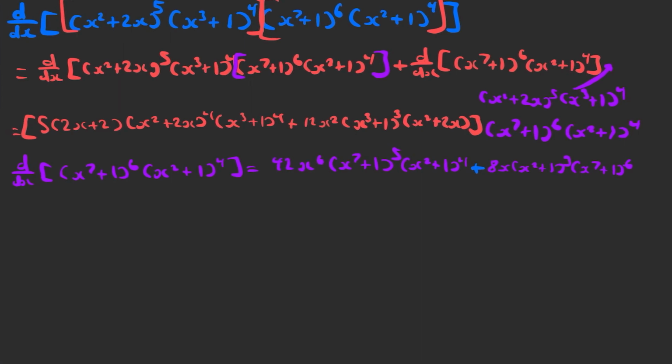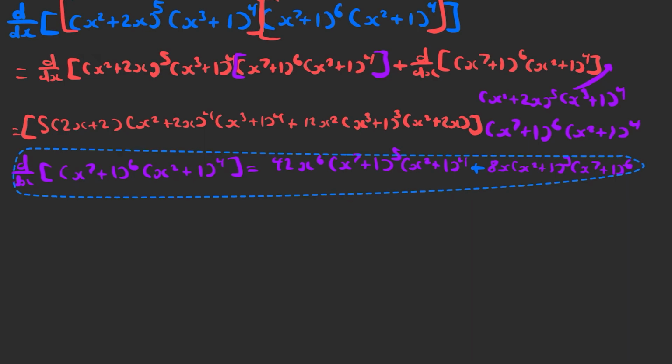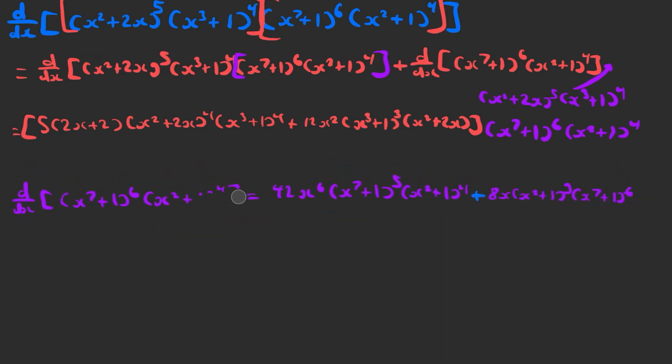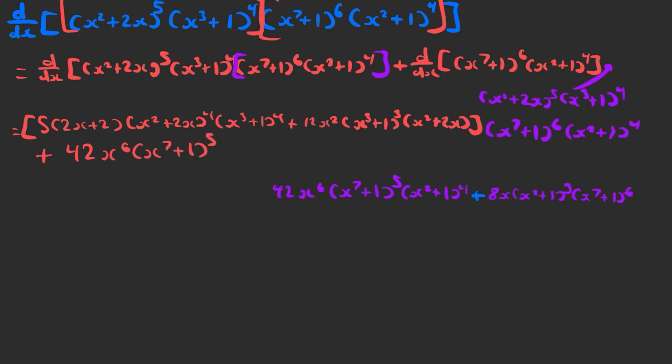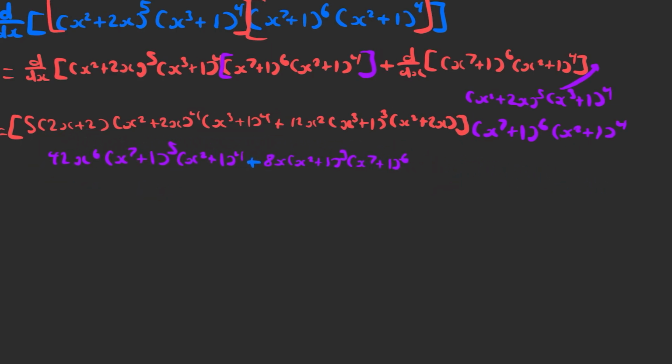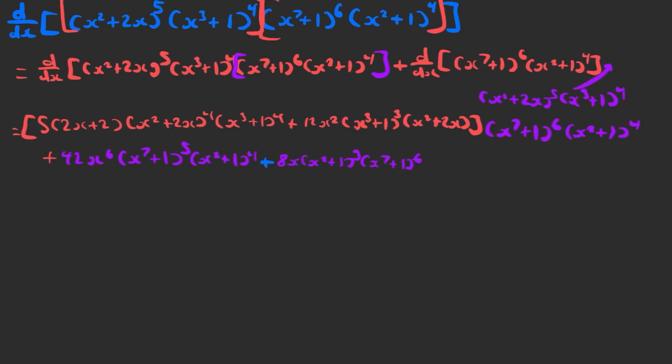Okay, so now we write all this down. So this equals this, plus 42x to the power of 6 times (x to the power of 7 plus 1) to the power of 5. Actually, I can just copy that down. Wow, okay. Sorry about this. Plus this times this over here.